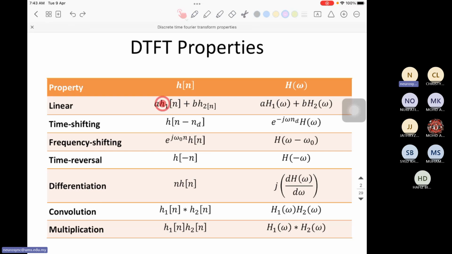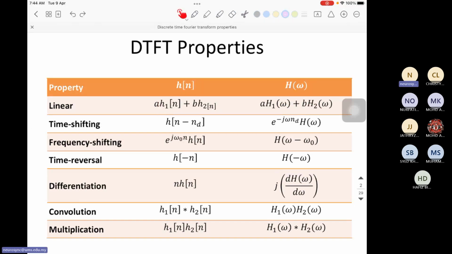One is homogeneity: if I multiply the sequence by a constant, then at the output I will also get that constant multiplied to the output. Homogeneity and additivity should both be followed in linearity. So if I have a times h1 of n plus b times h2 of n, then after doing DTFT, I should get a times H1 of omega plus b times H2 of omega.